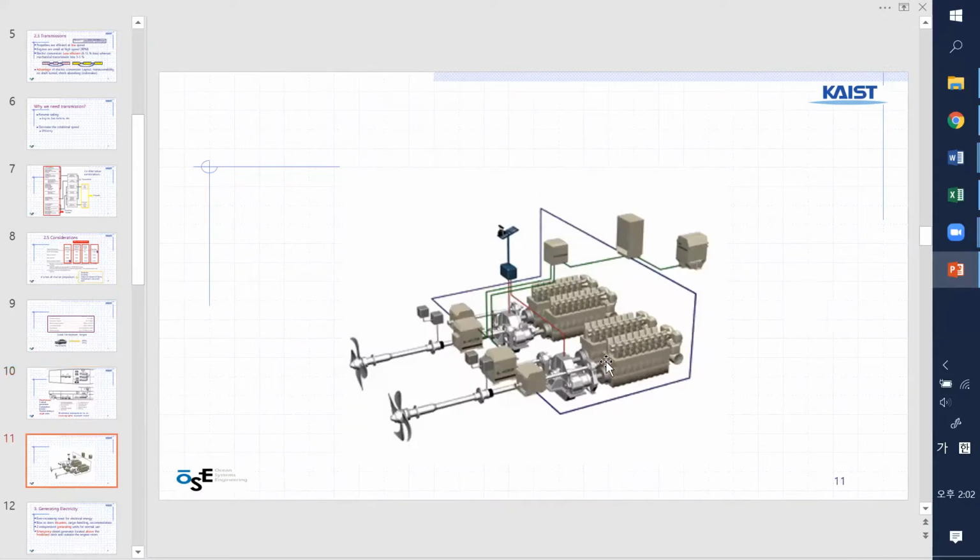And in terms of gearbox, you see there are four diesel engines, each two double connected to run the gearbox, and then propeller number 1.